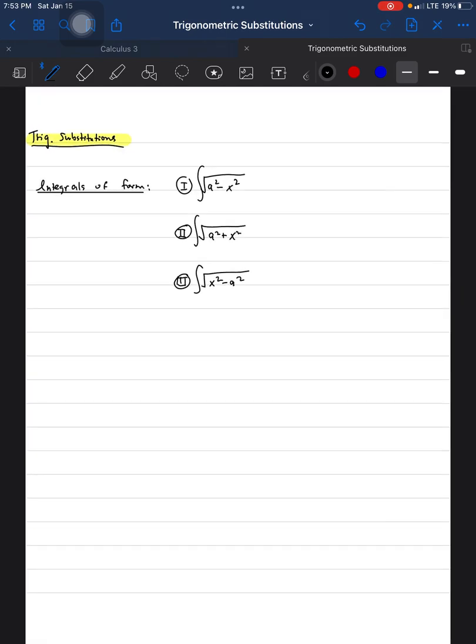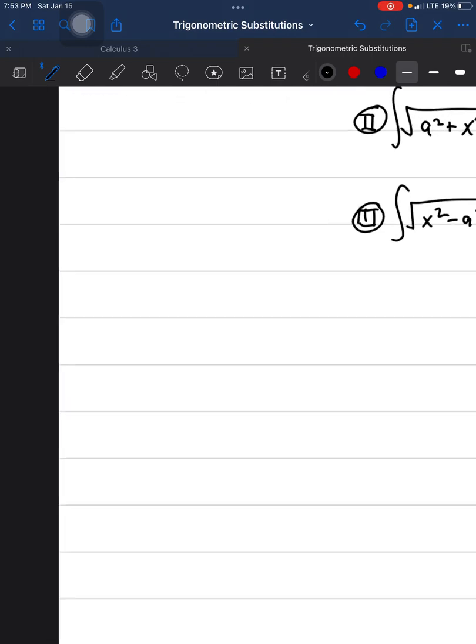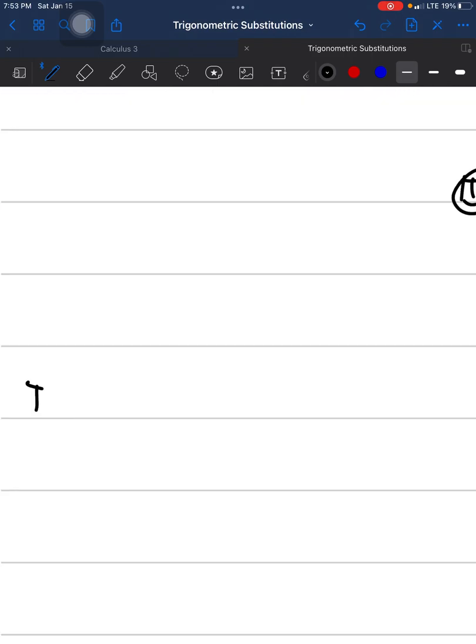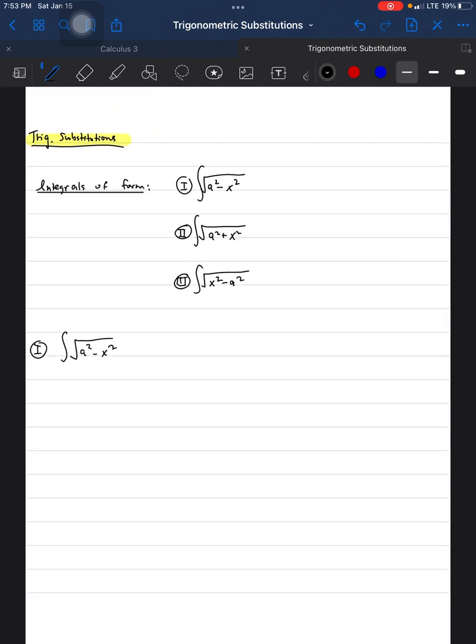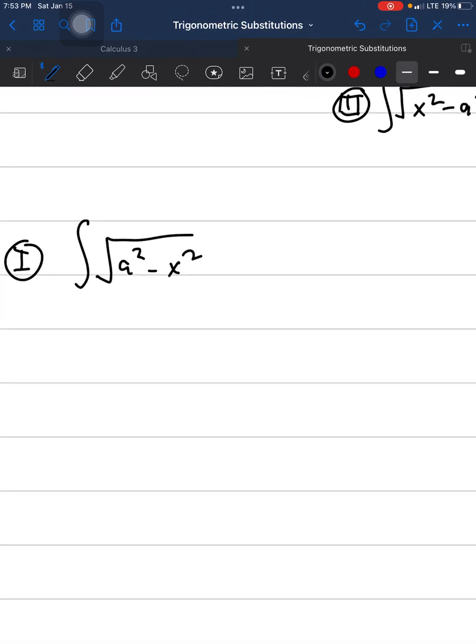So starting with case 1. Case 1 is integrals of this form, a squared minus x squared. This integral can be rewritten so we can put it on the right triangle.